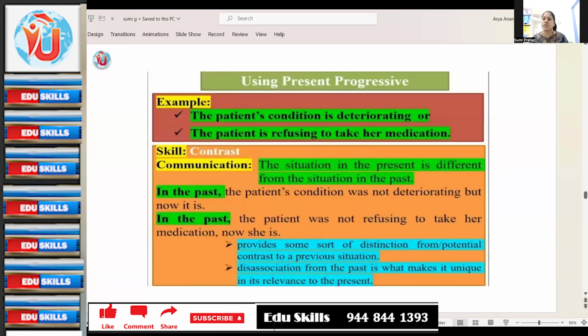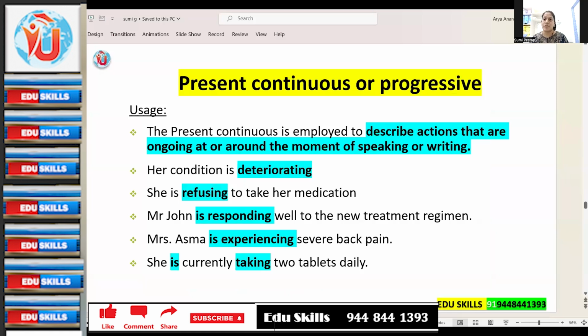Now he is responding to the treatment. Mrs. Asma is experiencing severe back pain. Okay, she is currently taking 2 tablets daily. So we can see these sentences. Just keep them with you, and whenever you are seeing the letter, according to that, you can match with these and you can write the letters.